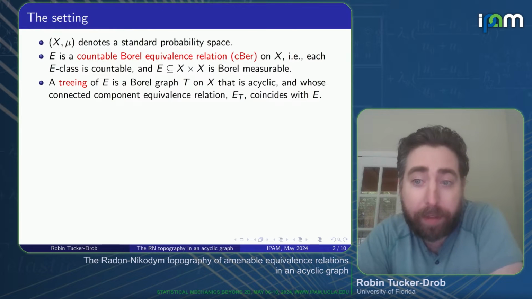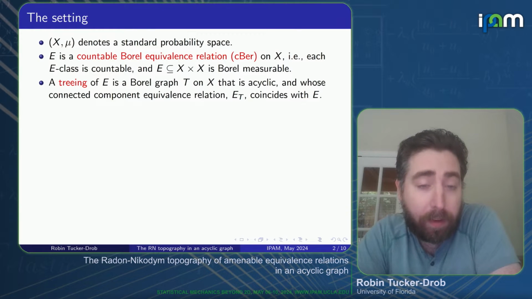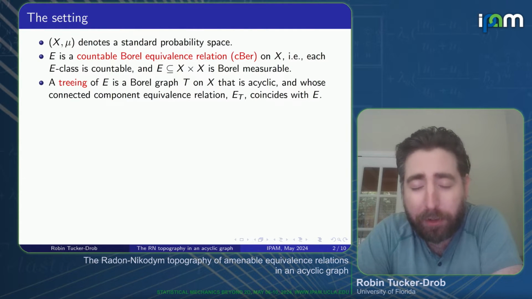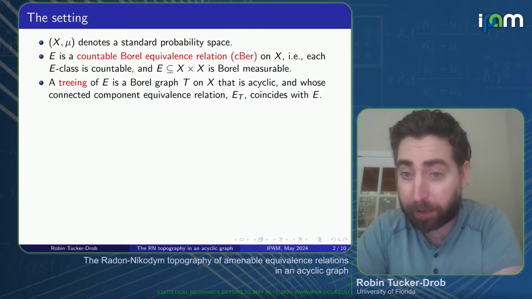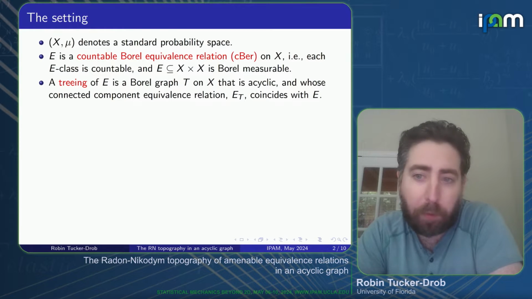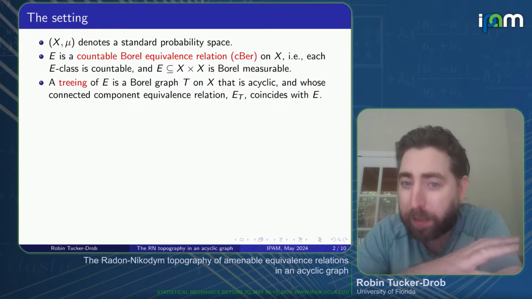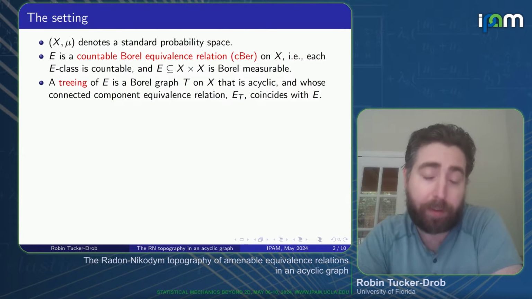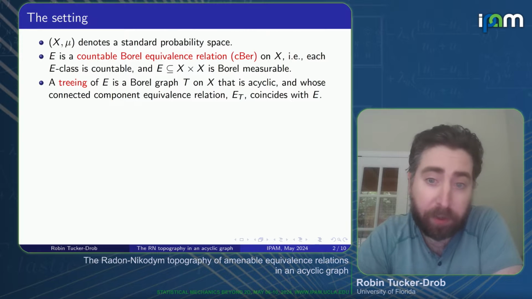Moreover, we want the connected components of T to be precisely the E-equivalence classes. Here I'm sneaking in this notation, which I don't think I end up referring to much later: I called it the connected component equivalence relation E_T. But that's the point of a treeing: we have a measurable way of putting a tree structure on every equivalence class.